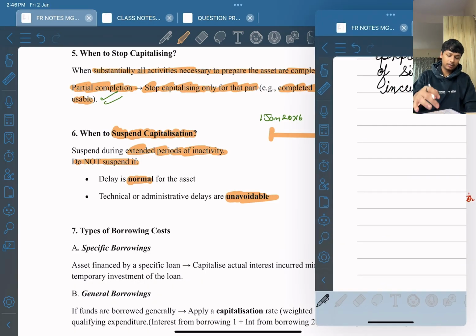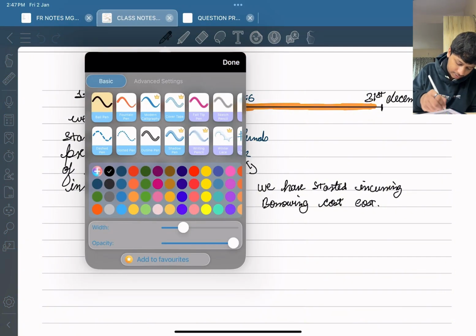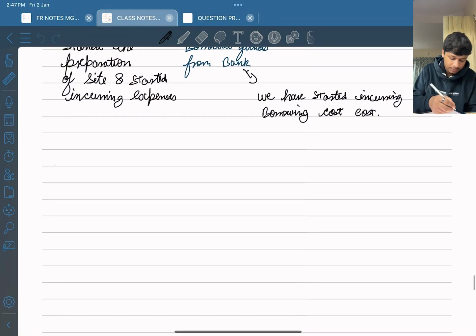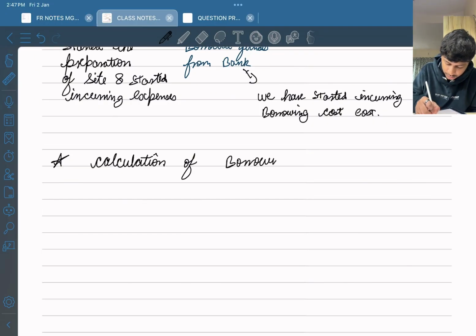Now comes the important part. Taking an example: calculation of borrowing cost.